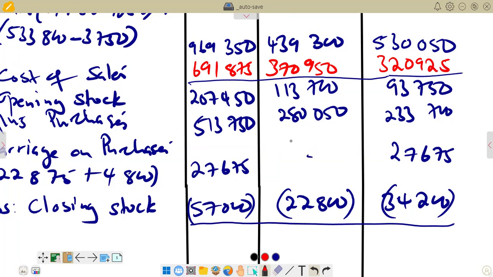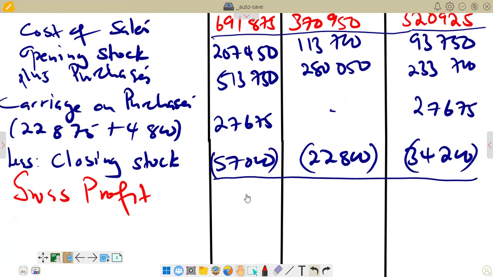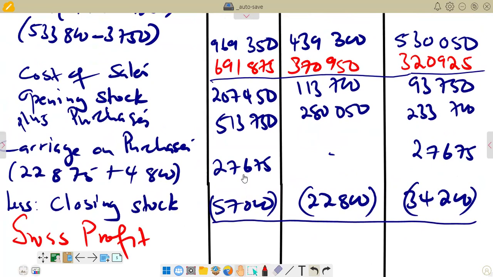And obviously, we are now trying to calculate the figure for our gross profit, whereby we are saying our sales minus our cost of sales. For the totals, let's try to see the figure that we are using there. The figure for sales is 969,875.